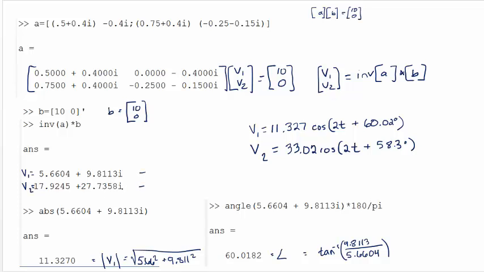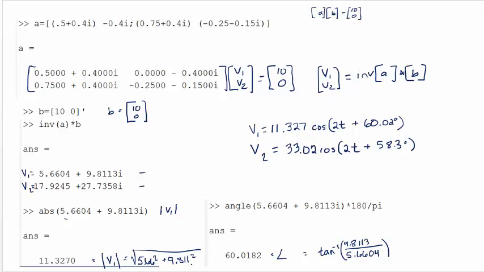But that's not how we want to express our solution. We want to express our solution back in the time domain. So you have to find a magnitude and a phase. So I did it first in MATLAB. Absolute value of V1, and it equals 11.327. If you were to do it manually, this is the formula that you need to do.